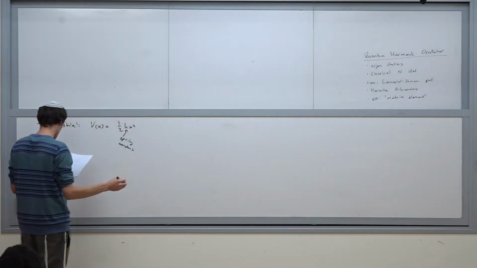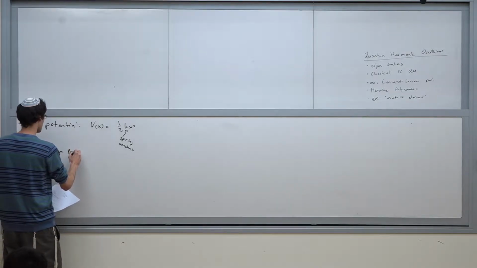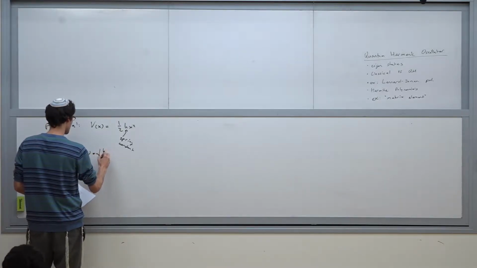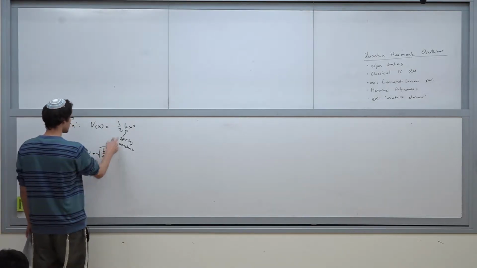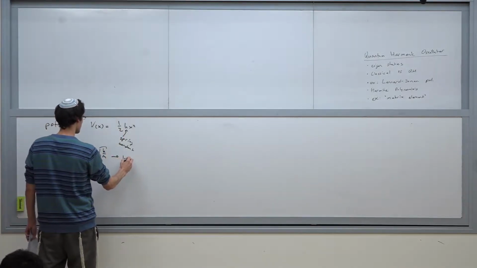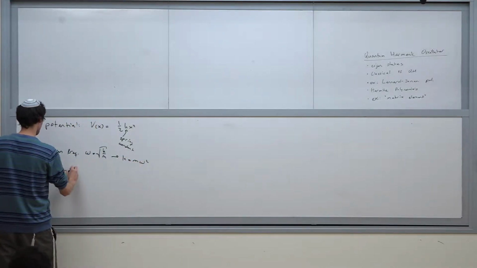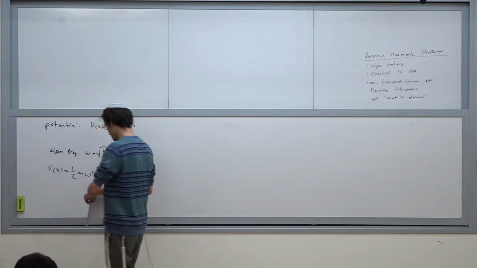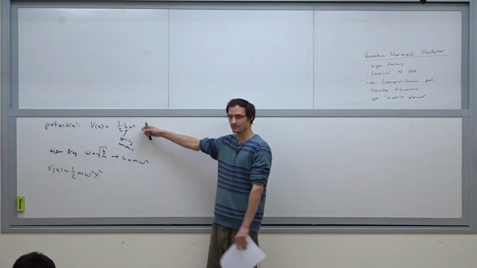So what we'll do is we'll use the eigenfrequency, the eigenmode of the harmonic oscillator, which I hope you know is root k over m, where k is the spring constant, m is the mass. So if you plug this back into here, k equals m omega squared, you can write the potential as 1/2 m omega squared x squared. So this is the way you're used to writing the potential of a harmonic oscillator from first year.